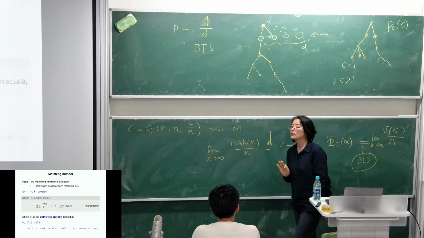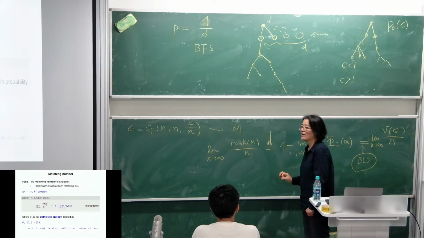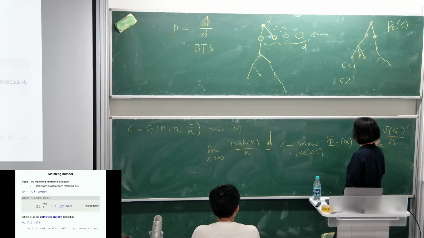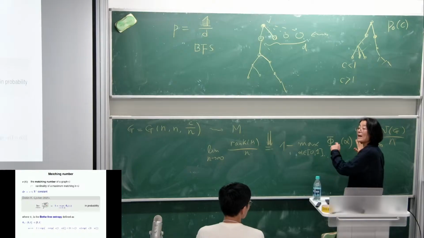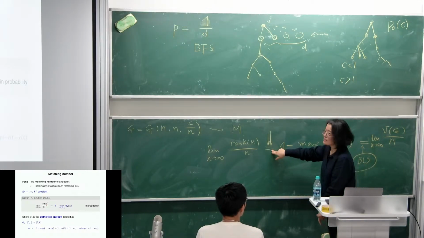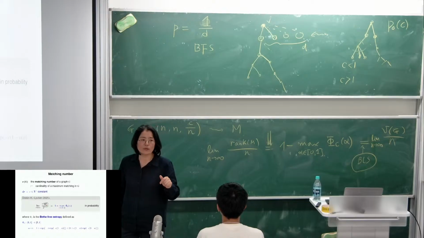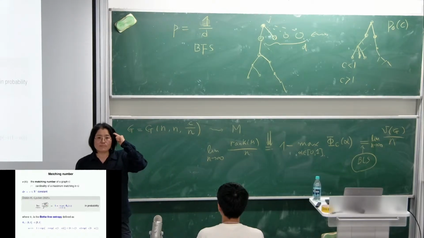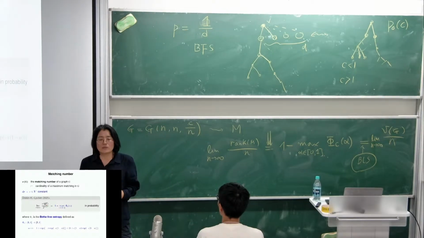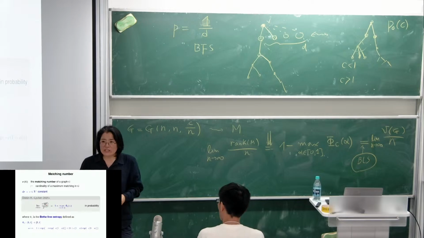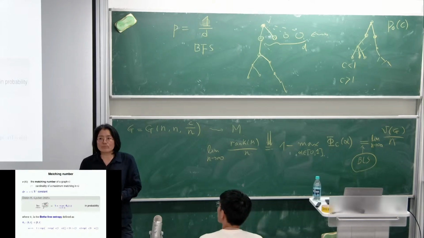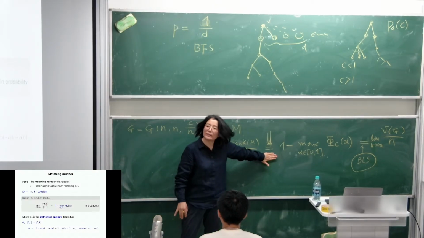If you work on algorithms or CSP problems, you might have heard of the belief propagation algorithm or warning propagation, message passing. The belief propagation message passing algorithm gives such a thing. So this is interesting.